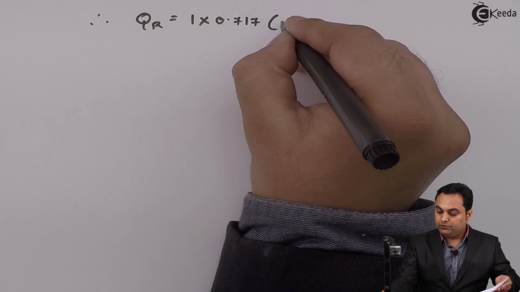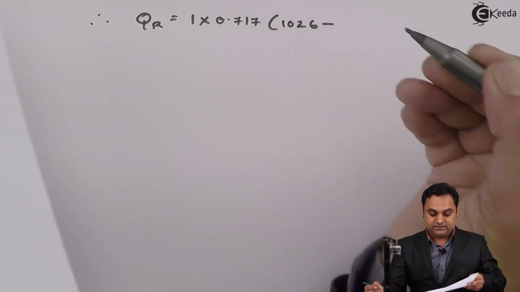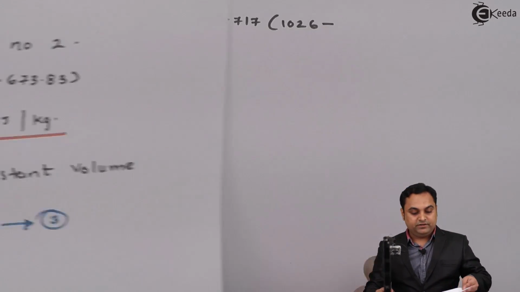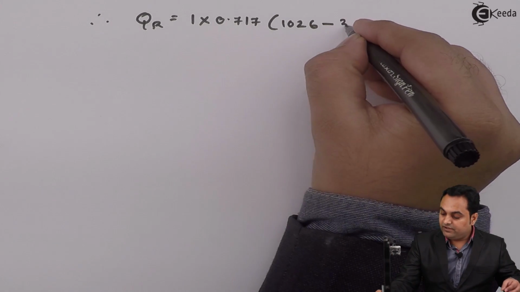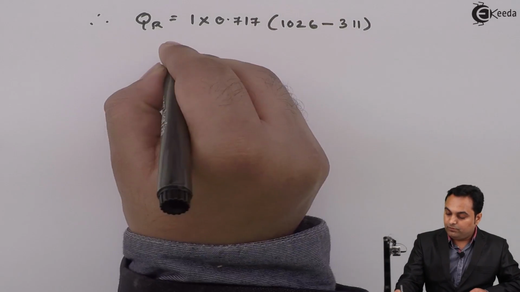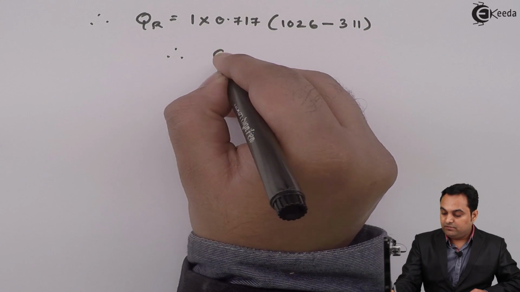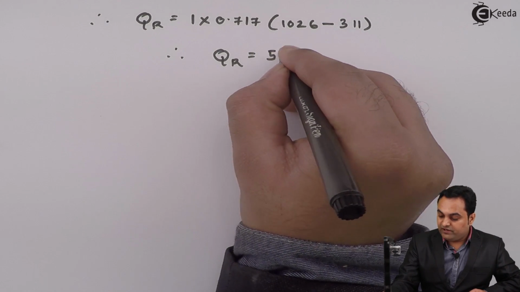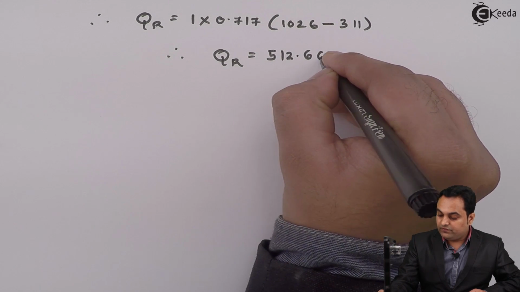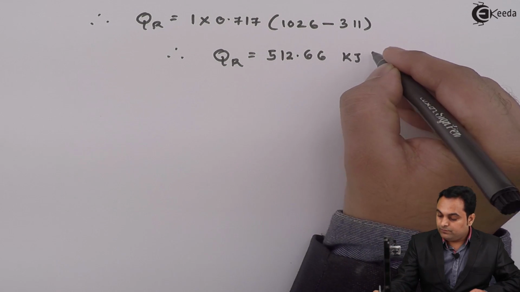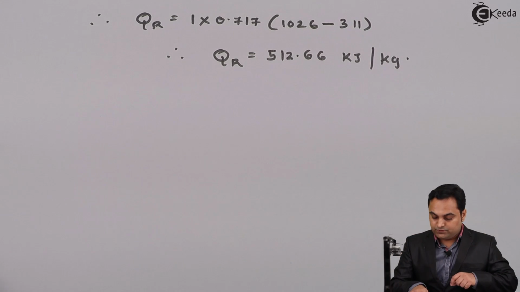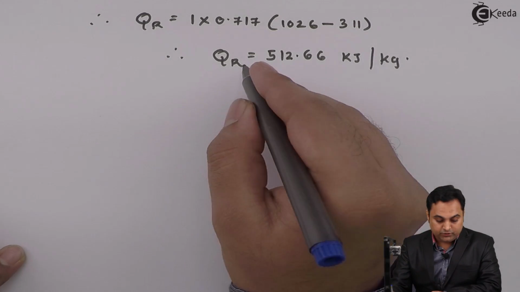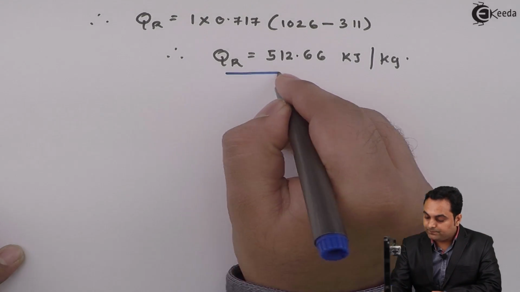So 1026 minus the value of T1. T1 is 311 Kelvin given in the problem. So if I calculate this, my answer of heat rejected at constant volume comes out to be 512.66 kilojoule per kg. So this is the amount of heat which has been rejected.